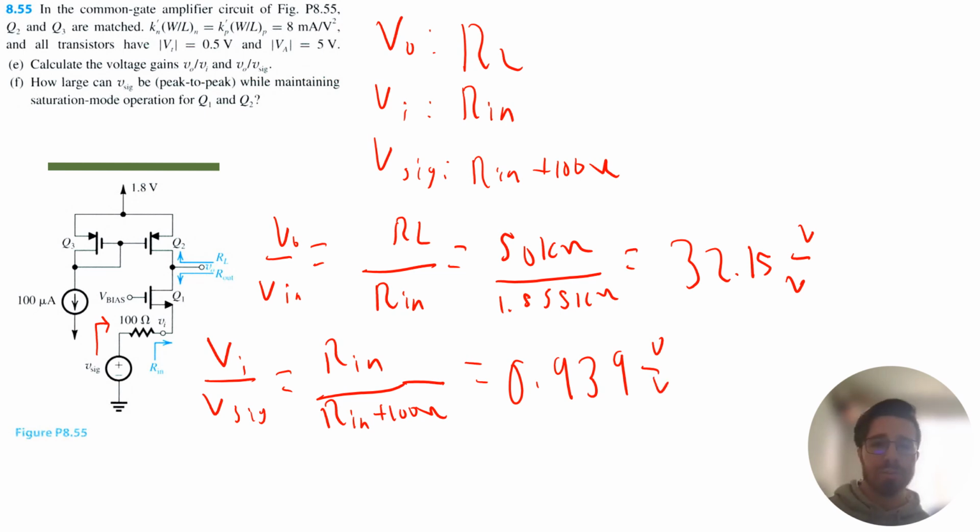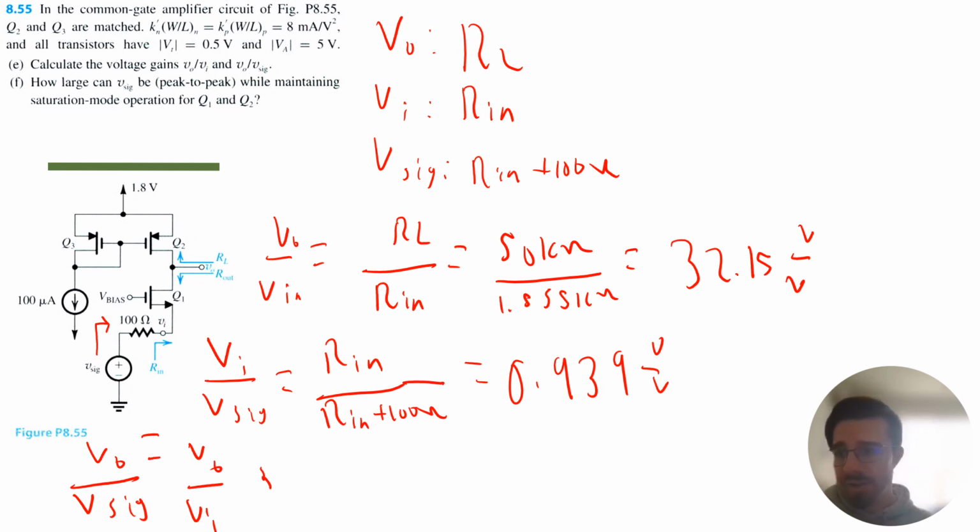And if we wanted to do Vout over Vsig, we could just use those equivalent resistances again. I will also just show a quick little trick. If you're ever in an exam and you're in a pinch, you can just do Vout over Vin multiplied by Vin over Vsig if you don't have that calculation directly.